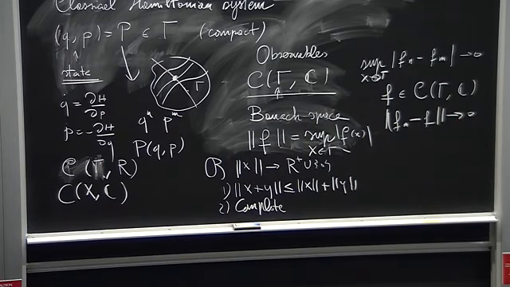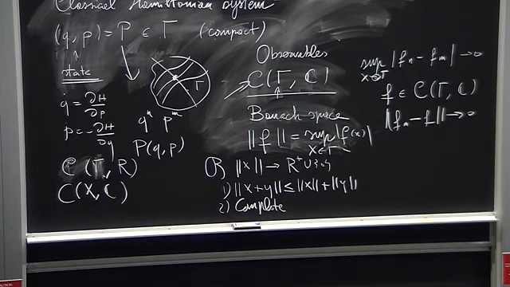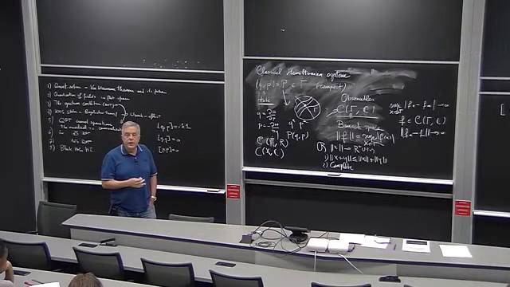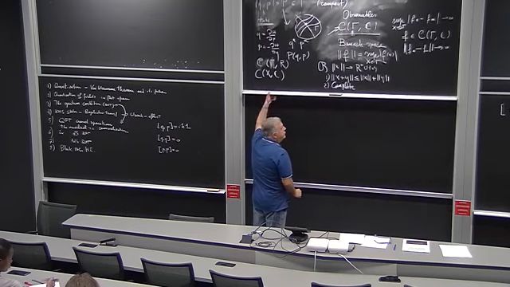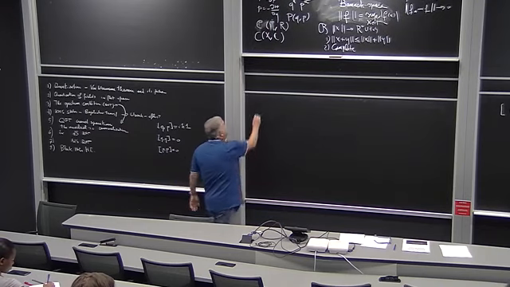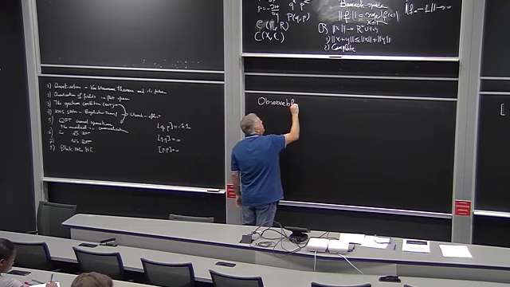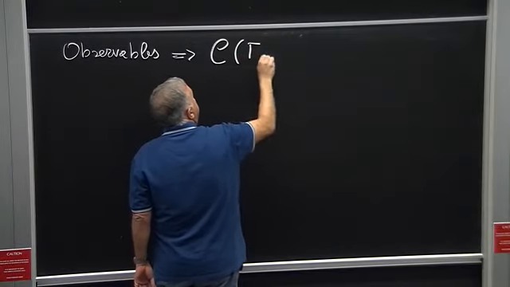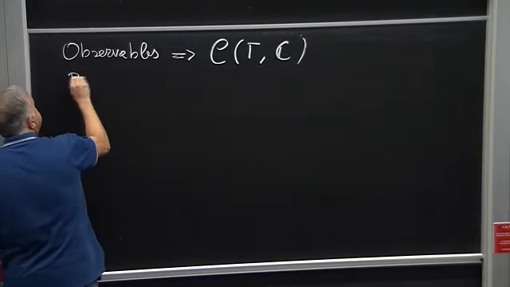This is the structure of the observables of your classical Hamiltonian system. Let's now consider what you do when you look for states. Observables are modeled as continuous functions on the phase space with complex values. It is a Banach space.